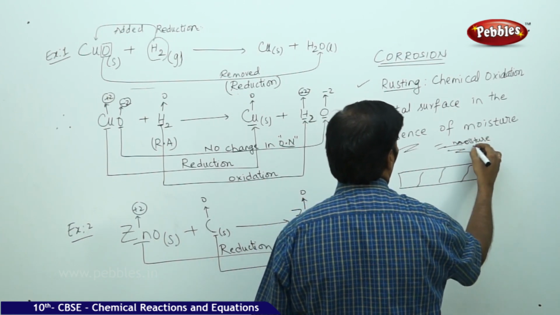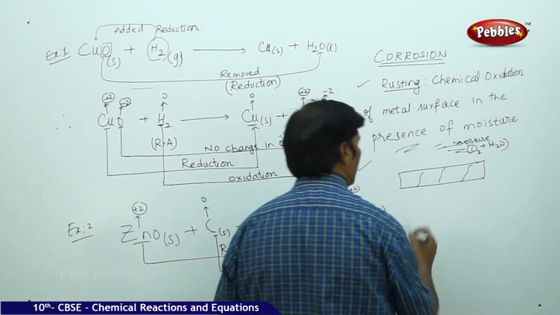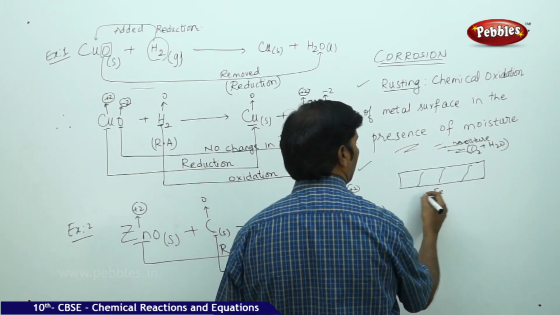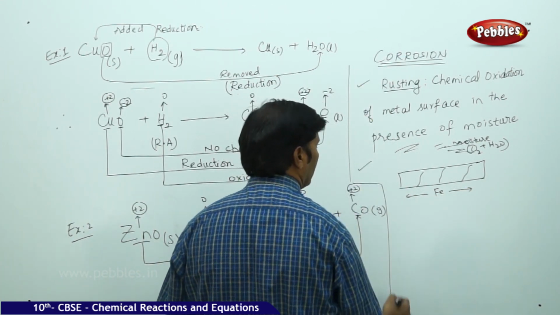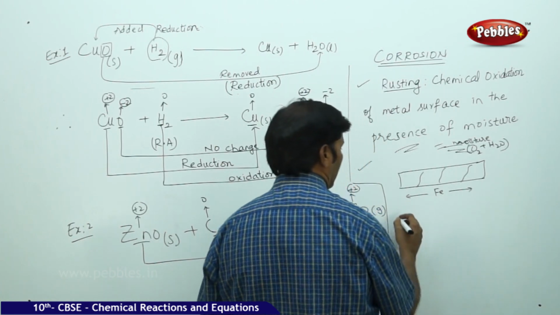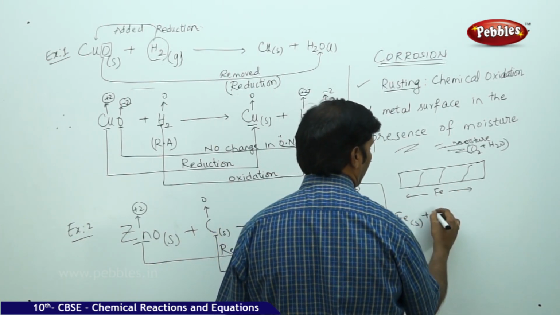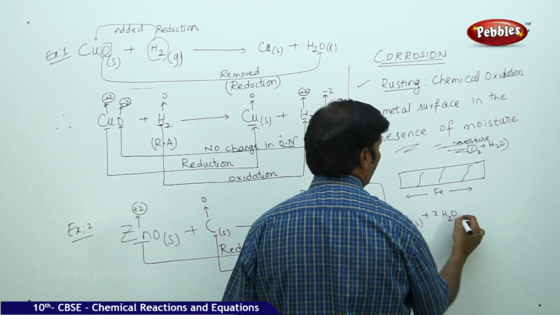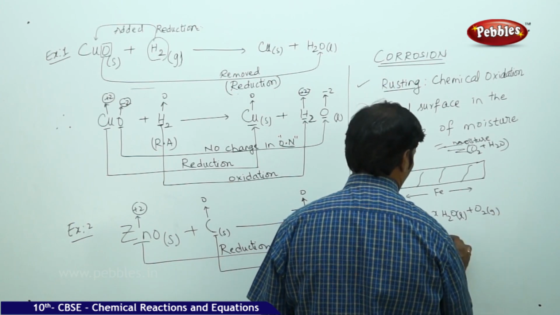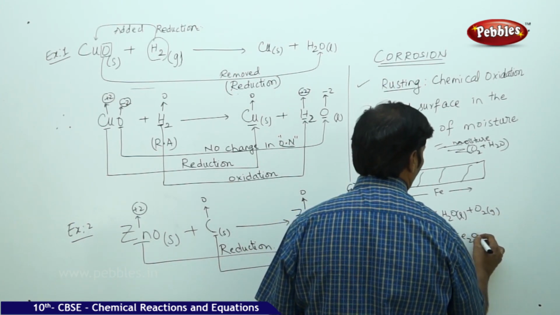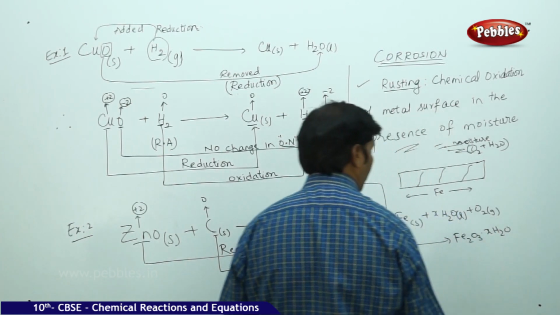Moisture contains O2 plus water. This is a piece of iron. So during corrosion, what we notice is that when the metal comes in contact with x moles of liquid water plus O2 gas, immediately it forms Fe2O3·xH2O.